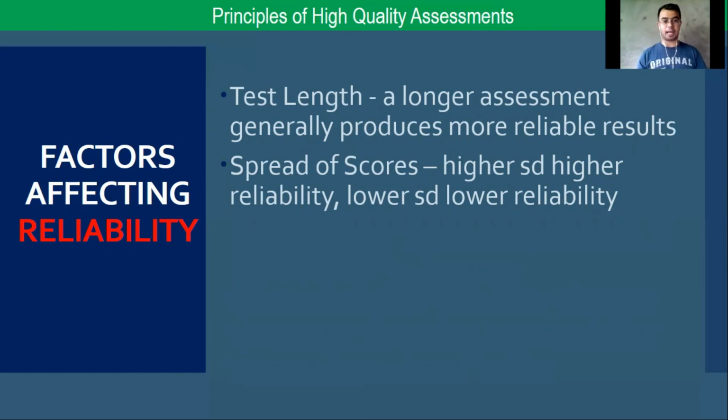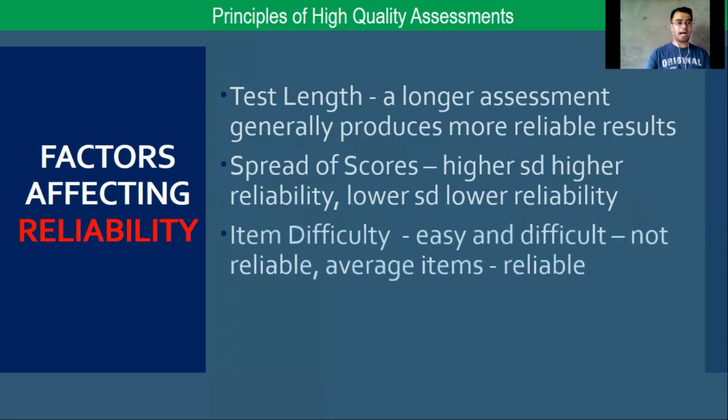There are special cases where the result is opposite, but this is the idea. If the scores are widely spread or vary from each other, there is a very high possibility that reliability will increase. But if the scores are closely the same to each other, reliability will likely go down.